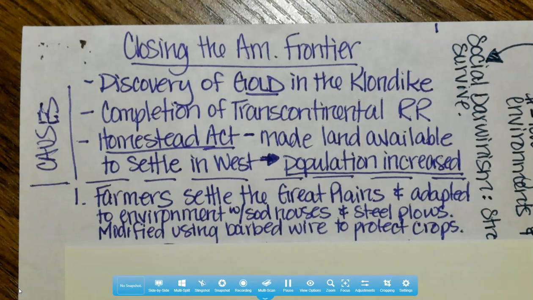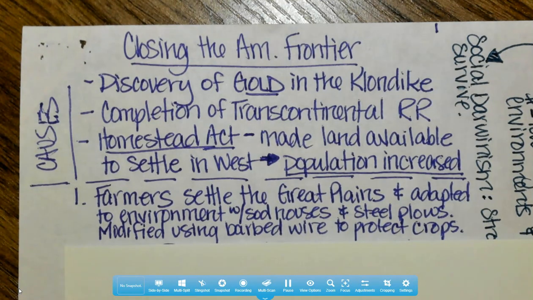In the other map we looked at where the Great Plains are. Farmers settle the Great Plains, and a couple of things are going to happen. We talked a lot about adapting to the environment, meaning you change your ways to adapt, and then modifying the environment, changing the environment to fit your needs.